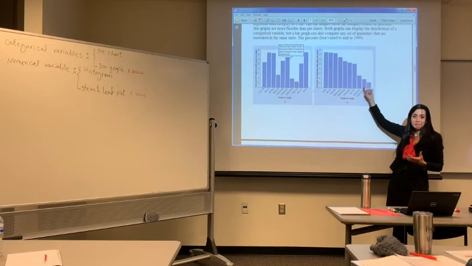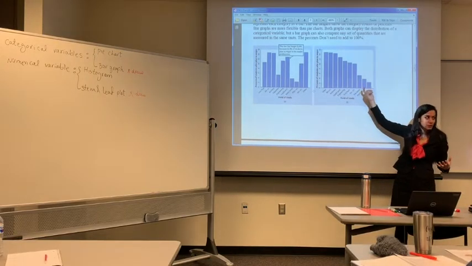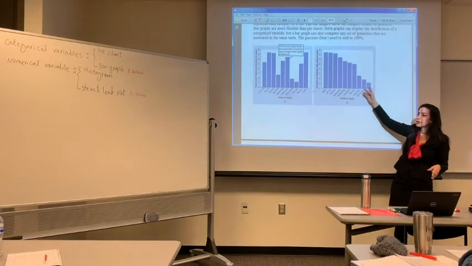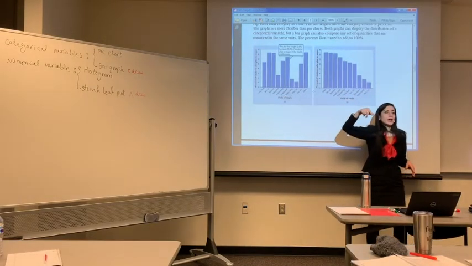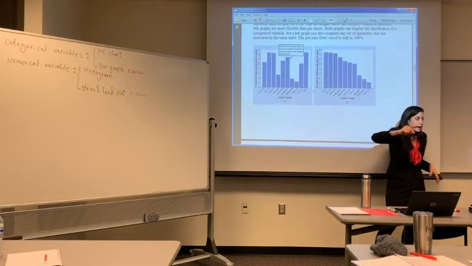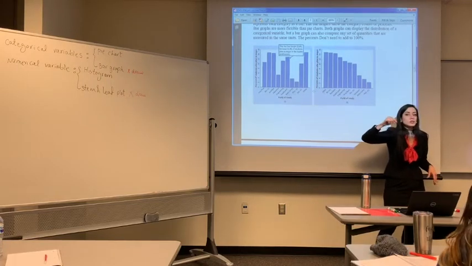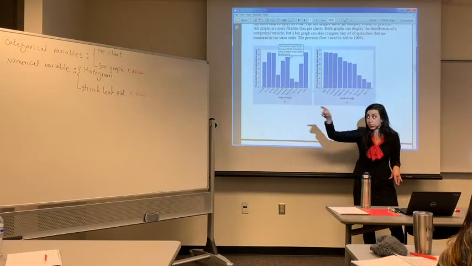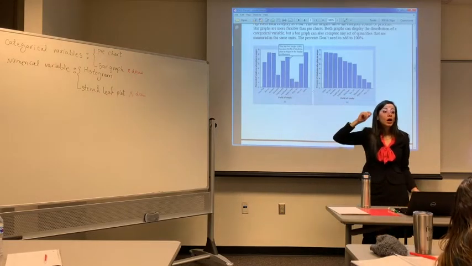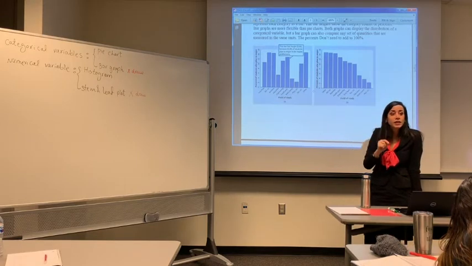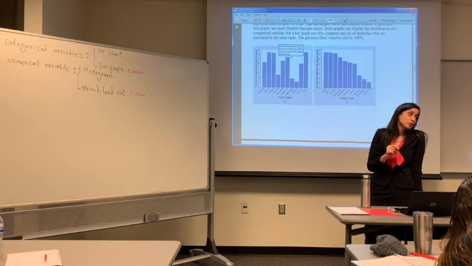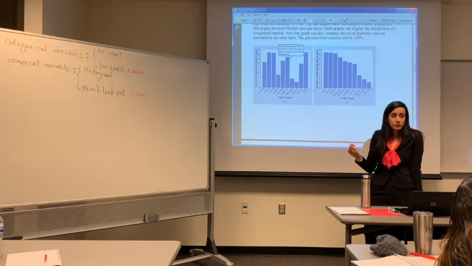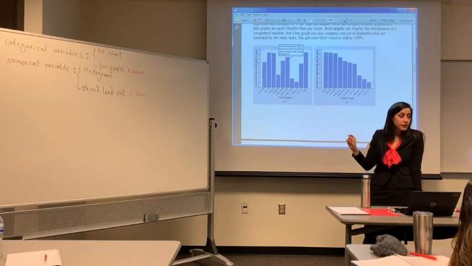Because categories are always separated from each other. They are not continuous. They are not connected. So first of all, gaps. So in bar graph, you always see gaps. When you want to draw a bar graph, because I said you should be able to draw a bar graph, you should always have a gap between each bar. Always. So if you connect them, that's wrong. So always we have gaps between bars.